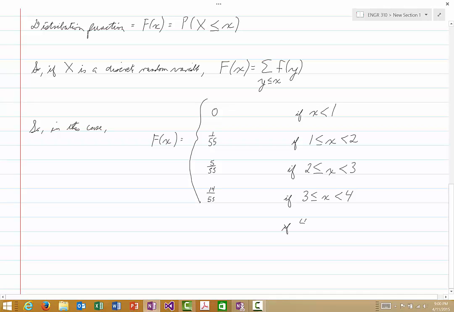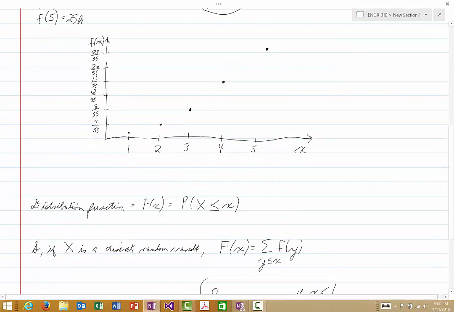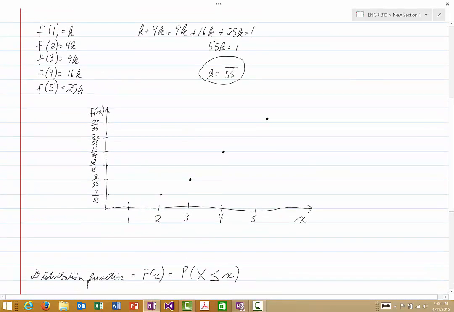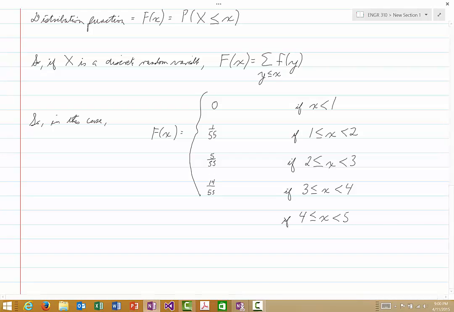And then if 4 is less than or equal to little x is less than 5, okay, now we add up all 4 of these. So we have k and 4k is 5k, and 9k is 14k, and 16k is 30k, or 30 over 55.